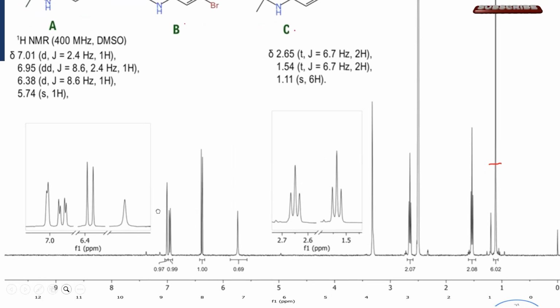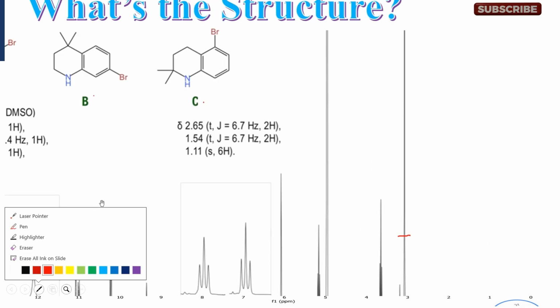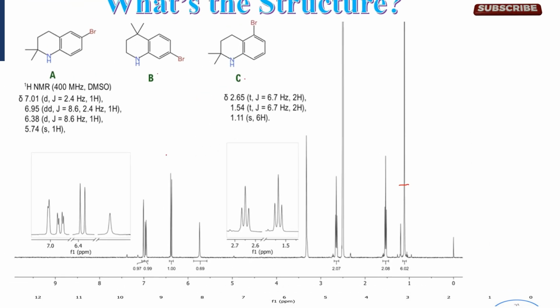When you zoom in on this, you will find that the proton at 6.38 is a doublet for one proton, having a coupling constant of 8.6 hertz.